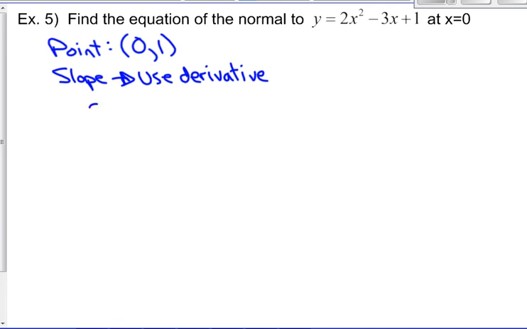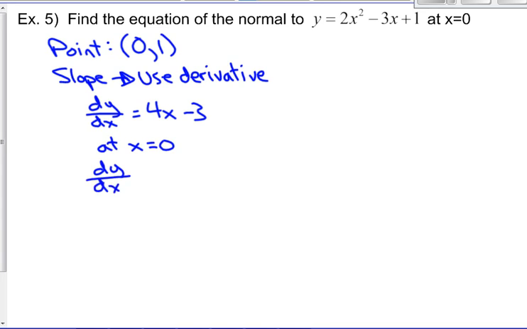Okay, so let's find out what dy by dx is. We had 2x squared minus 3x plus 1. Its derivative, therefore, is going to be 4x minus 3. We want to find out what's going on at x equals 0. dy by dx would be 4 times 0 minus 3, or just negative 3. Great.